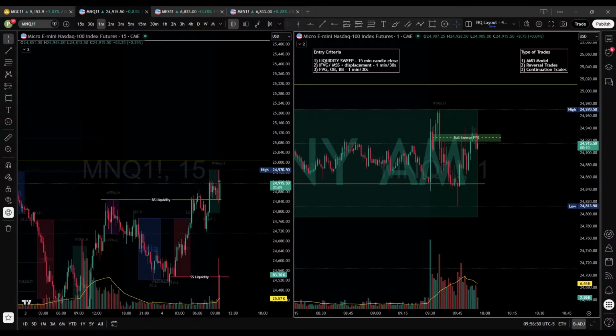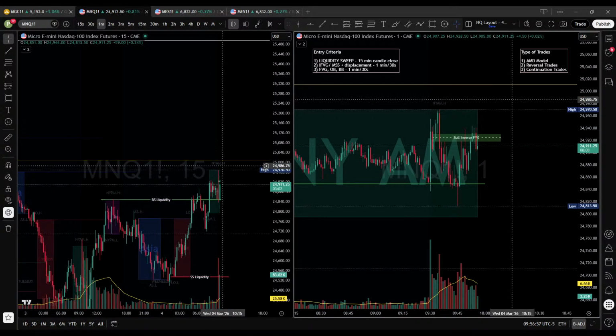Price is too choppy. It's not moving in any direction. It's just a little bit volatile, but it's still not moving in any direction.